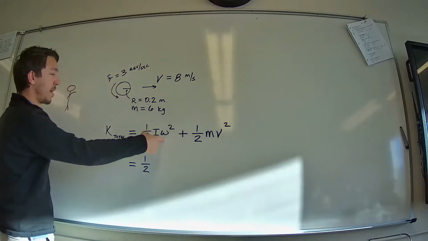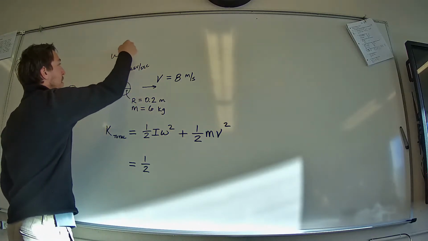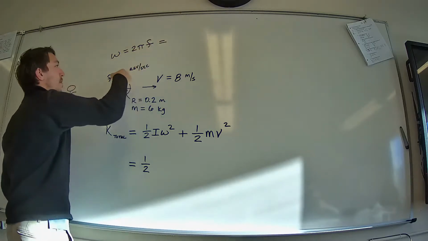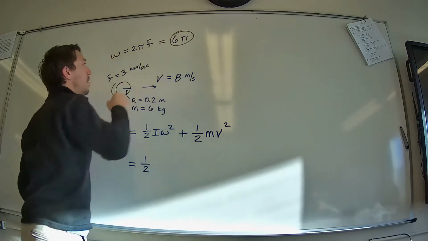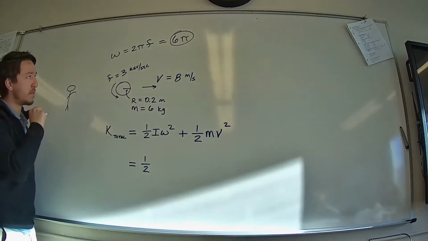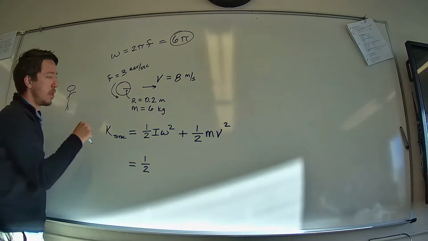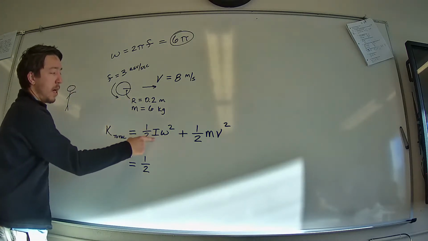Where can I get omega from? 2 pi F. Yep, so omega is 2 pi times the frequency. So we know the frequency, so 6 pi is going to get used. How about mass and radius? We have the mass and the radius, which are going to influence I.